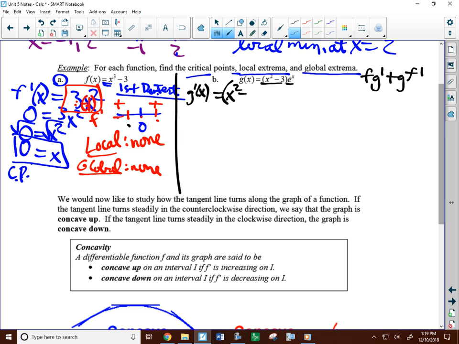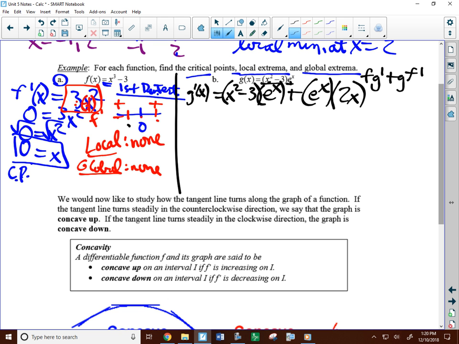So f is x squared minus 3. That's my first. G prime, the derivative of e to the x, is e to the x, plus g, which is e to the x, and then f prime, the derivative of x squared minus 3, is 2x.